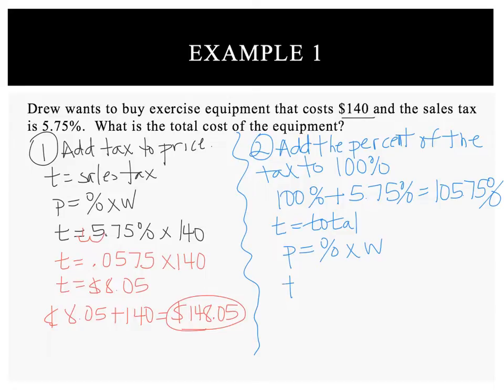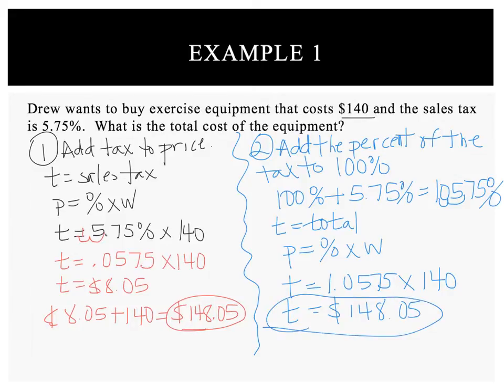It should be a T equals, we're going to move our decimal place over 1, 2 spots. 1.0575 times 140. And so then we get T equals $148.05. Either way, we get the same answer.